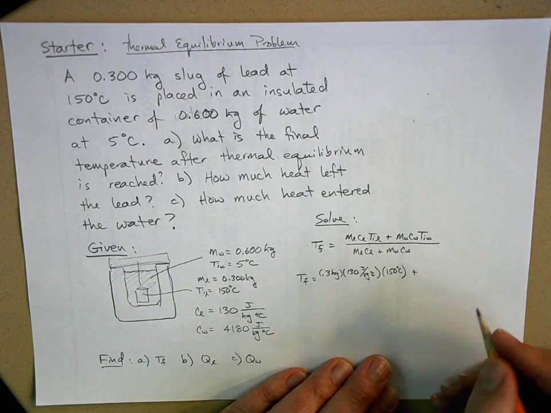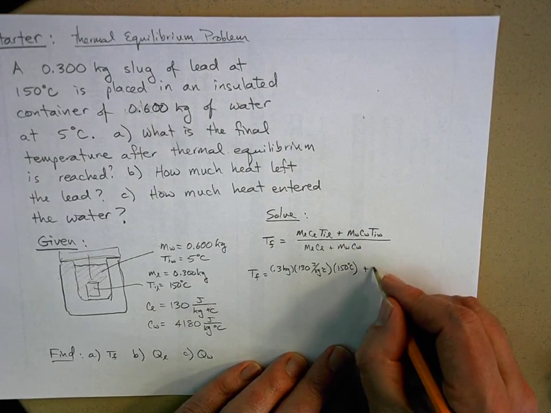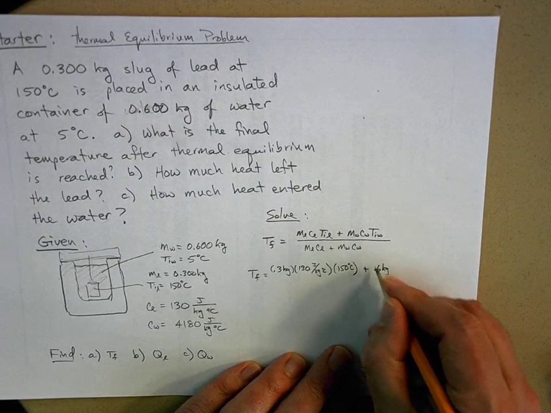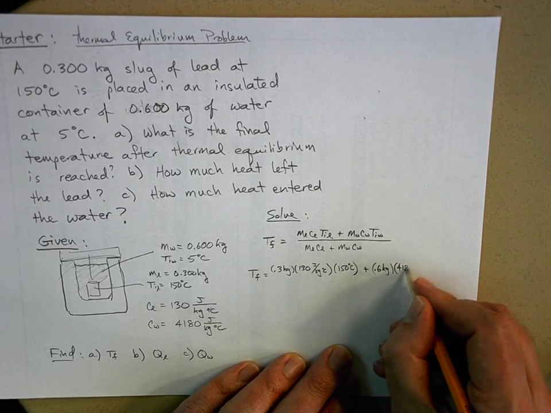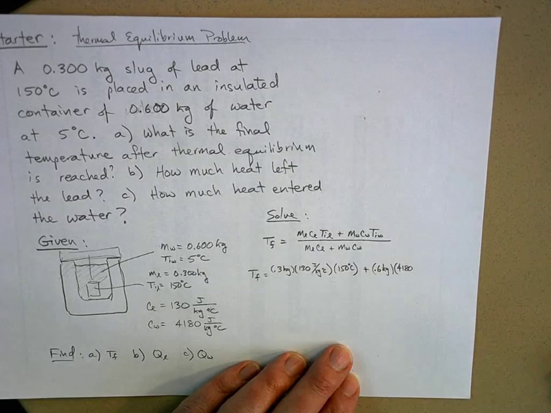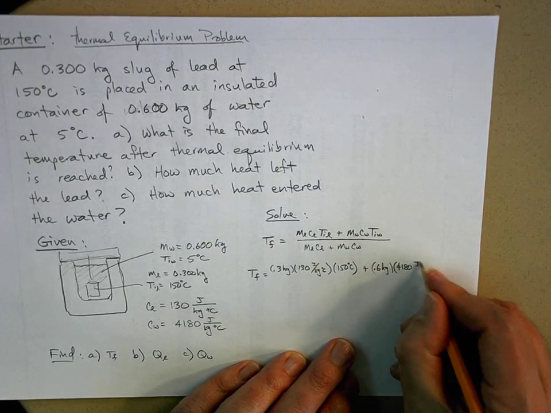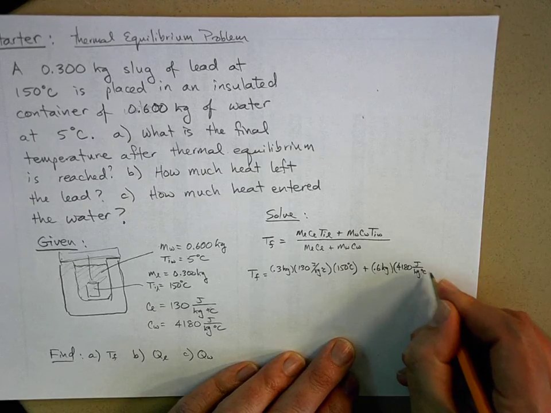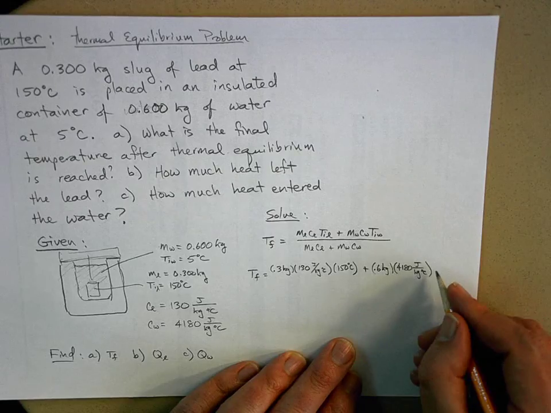Plus the water, 0.6 kilograms times 4,180. Look how much more energy it takes to change the temperature of water than lead. That's what's amazing about water. Water can just take the heat. And the initial temperature of the water was 5 degrees.